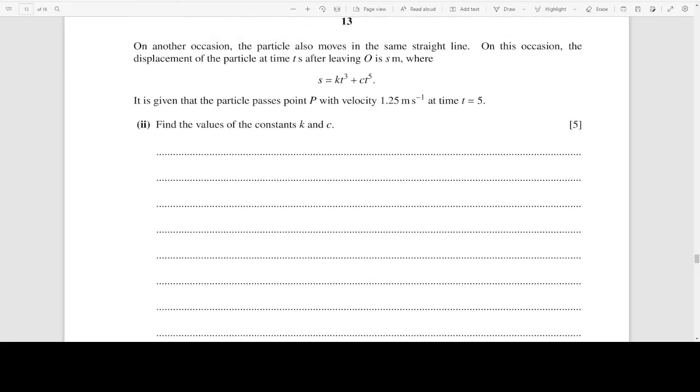So on another occasion, the particle also moves in the same straight line. On this occasion, the displacement of the particle at time t seconds after leaving O is s meters, where s is this. It is given that the particle passes point P with velocity 1.25 meters per second at time t equals 5.